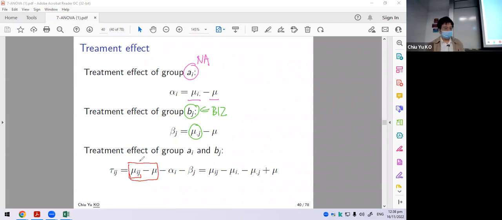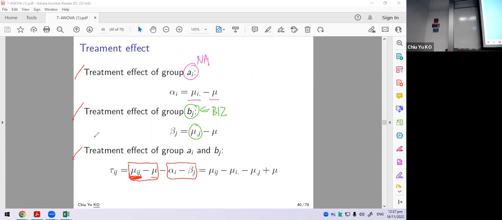But this is not the end, because you have to take away the single individual treatment effects. So you take the particular group mean over the grand mean, but you have to subtract the treatment effects for the individual groups, because the effect has to be this impact plus this impact. So that difference has to be subtracted too. Basically it's just the remaining term.